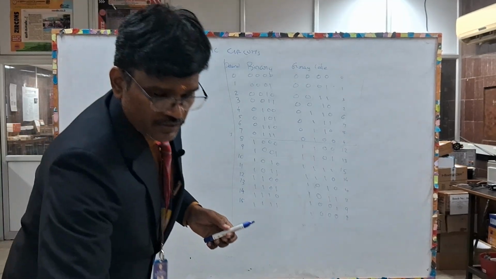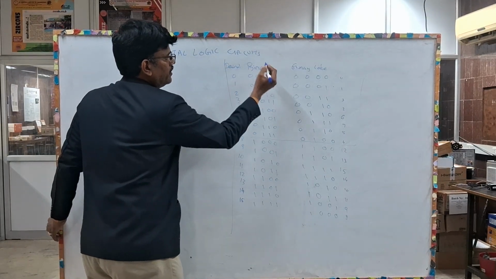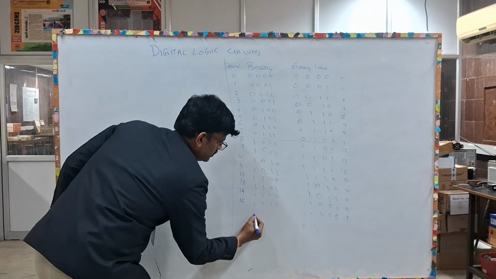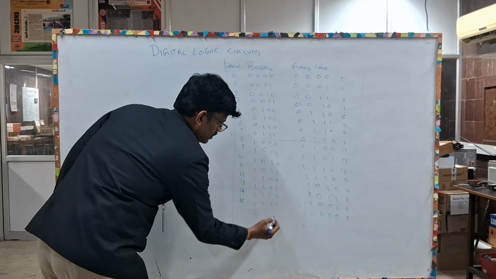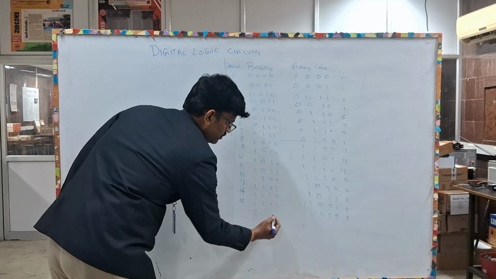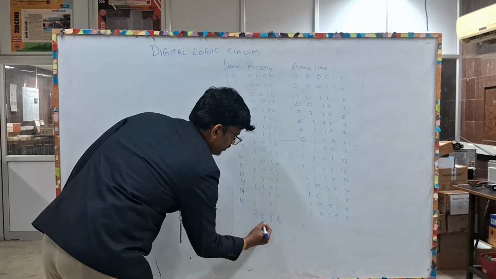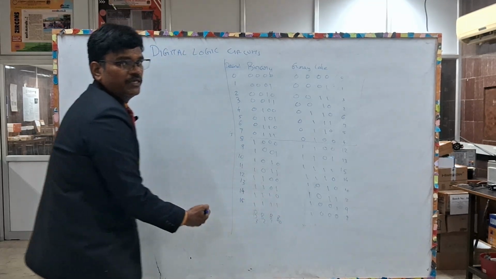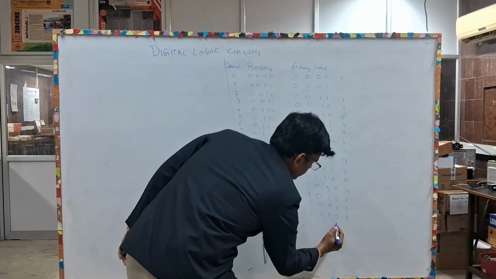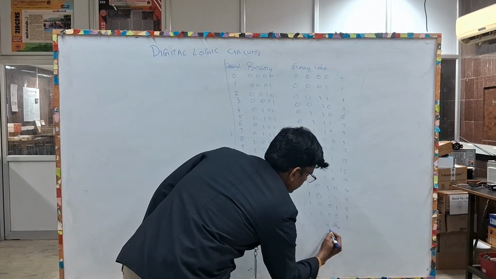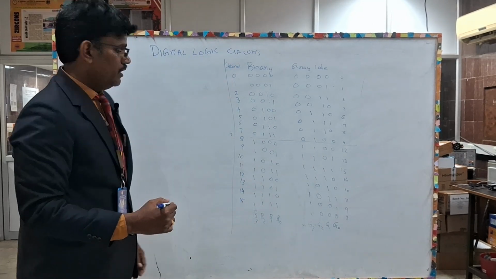For the conversion process, let us have this labeling. For binary, we start from the lower bit, so we take B0, B1, B2, and B3 as the representation. Similarly, for gray code, we take the labels G0, G1, G2, and G3.